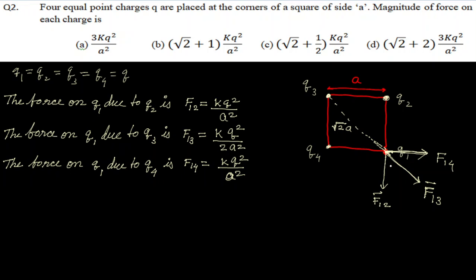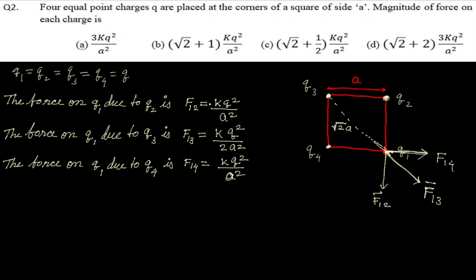So in that case, we know that F12 and F14 make an angle of 90 degrees with each other, and F13 makes an angle of 45 degrees with both of these two forces, F12 and F14.